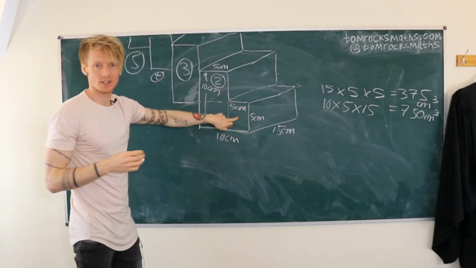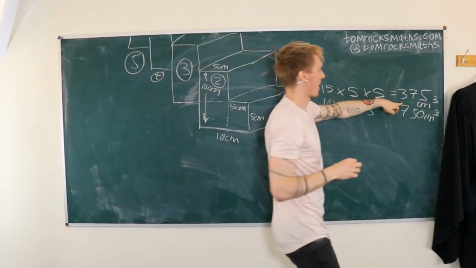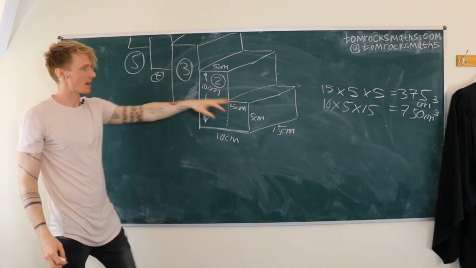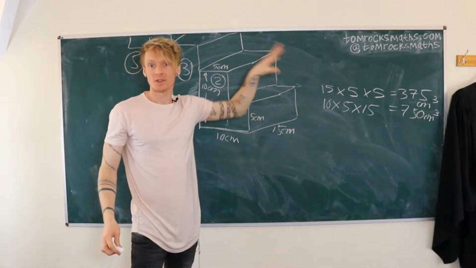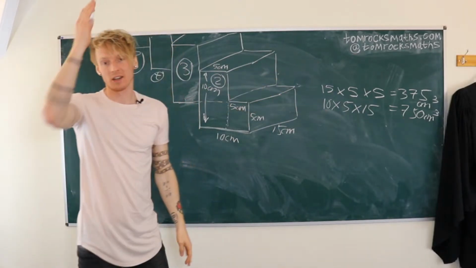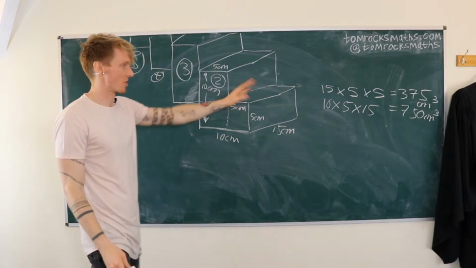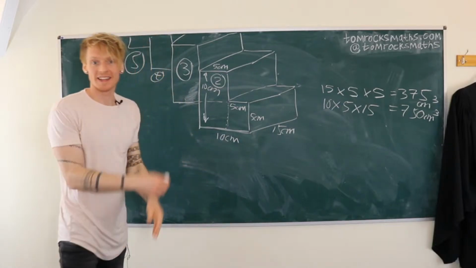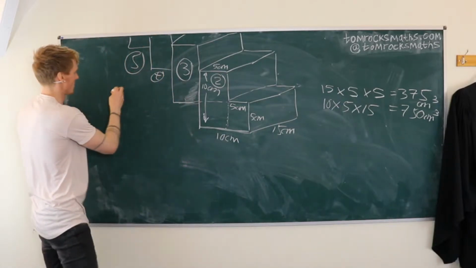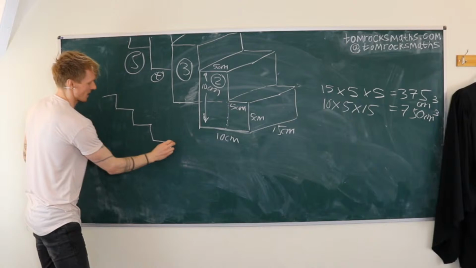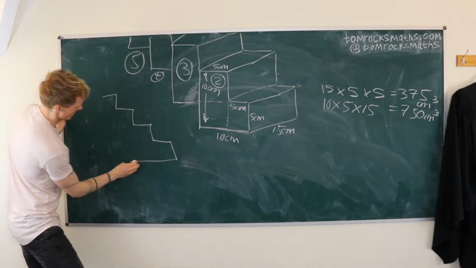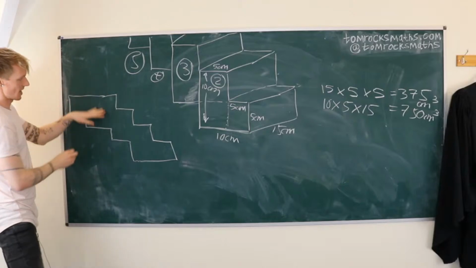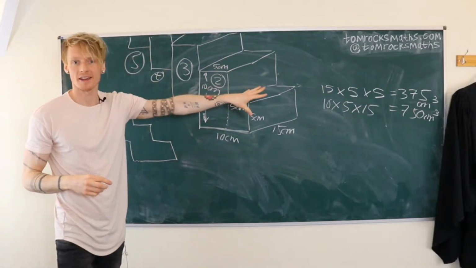So the first one is the small one, which is 375, and for every new step, we're adding on the same size cuboid, and that would make 750 for each new step. So if we added on, say, 10 other steps, we just do these 2 plus 10 lots of 750, and that would give us the volume of a set of stairs that would go up like this. So that would be the kind of set of stairs that I've worked out here.